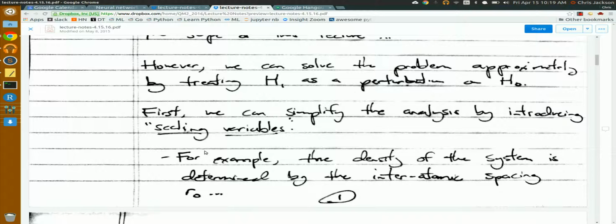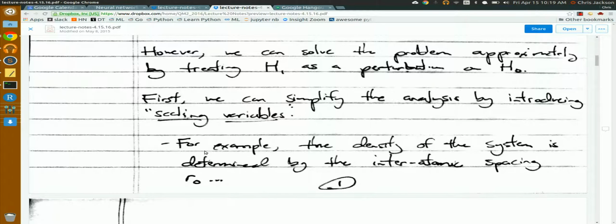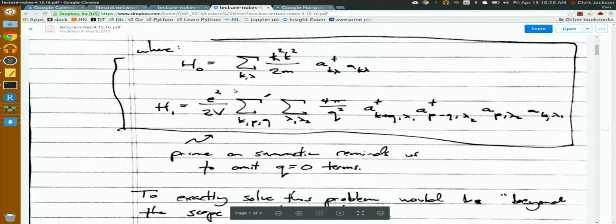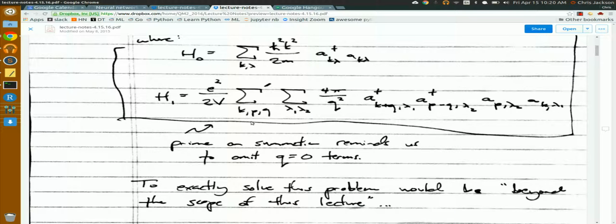Okay. And a lot of times when you tackle problems in the real world, like our expression here, it comes in terms of E squared and V, but there will also be other factors like H bar and other dimensionful quantities floating around. And a lot of times what you want to do to simplify your life is to rescale things.